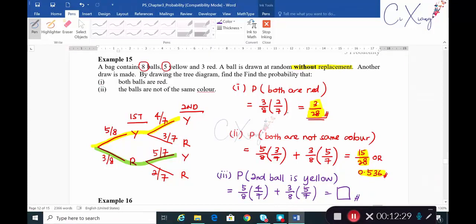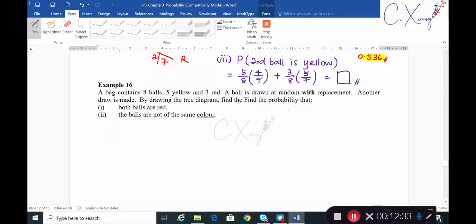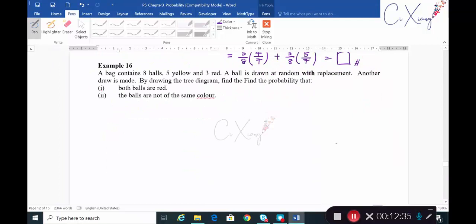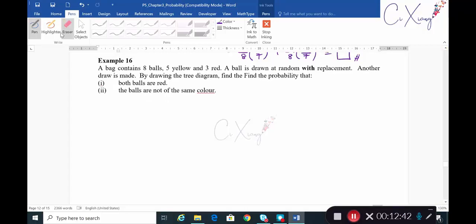If we have a look at example 16, you will realize that the question is almost the same as example 15. Okay, but I still want you to highlight the keyword here. For example 15, you are having without replacement, but for example 16, you are having replacement.